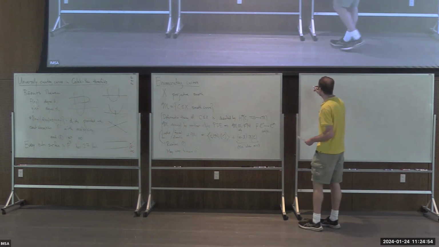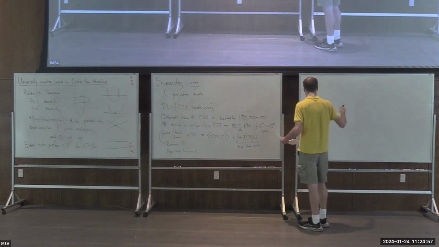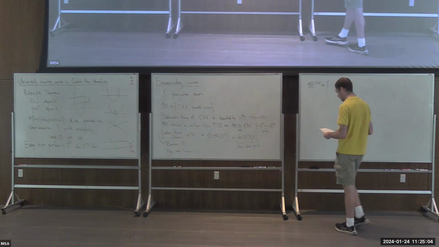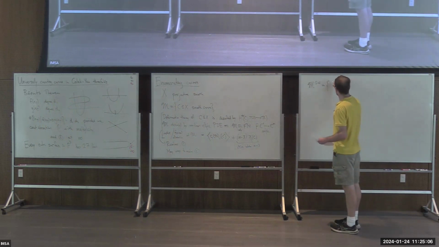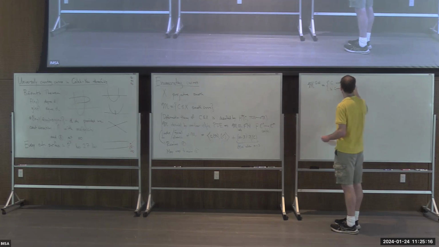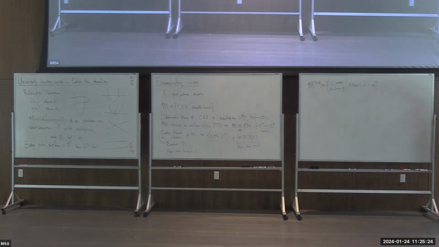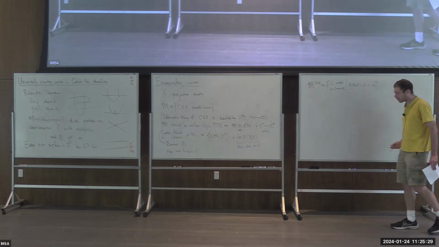So Gromov-Witten invariants come from compactification by stable maps. So you look at nodal curves C with a map to X with the property that it has a finite number of automorphisms, which means stable maps from C to X.